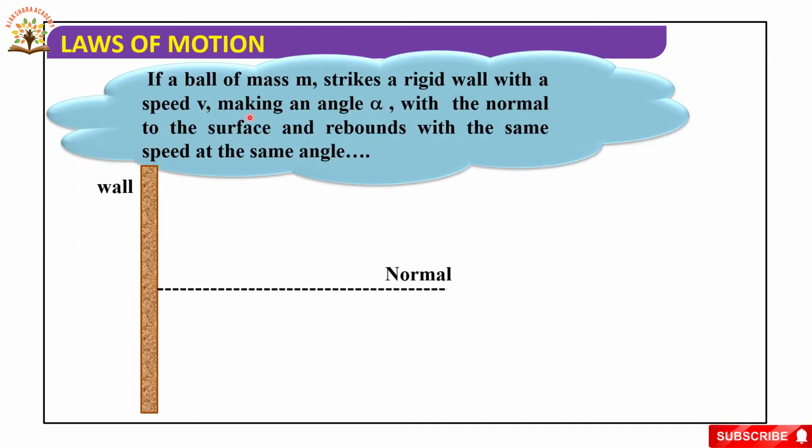If a ball of mass m strikes a rigid wall with a speed v making an angle alpha with the normal to the surface and rebounds with the same speed at the same angle, so the angle is also the same. Here is a ball of mass m, this is a wall and this is the normal. The ball of mass m strikes the rigid wall with a speed v, making an angle alpha with the normal, and rebounds with the same speed at the same angle.